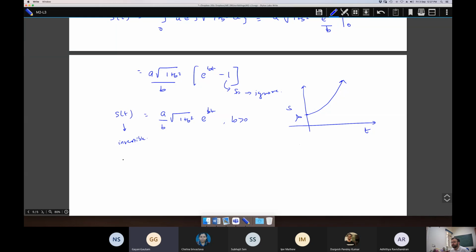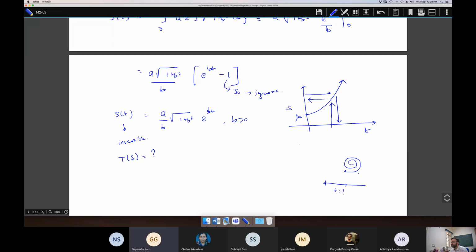Yes, sir. So now I want to write t as a function of s, right? Previously I was giving you a value of t and I was able to read out a value of s. But now I want to go the other way. I want to give you a value of s and find out what's the parameter t. That means I'm telling you how far I have walked on the curve, and you have to tell me where you are in parameter space, right?